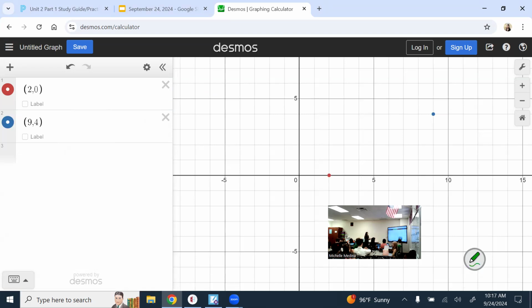And we're going from this point to that point. How much do I have to go up? Good, 4 again. And how much do I have to go to the right? 7. So they have the same slope.